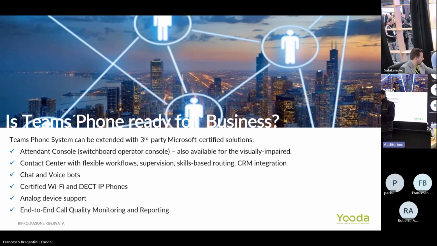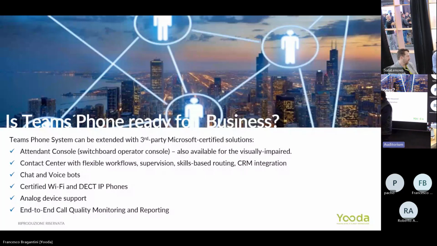Up to now, PBX solutions used to go with DECT wireless phones. These are now also available for Teams. They are certified. They do work very well. And Teams also provides the Wi-Fi option for some scenarios, okay?